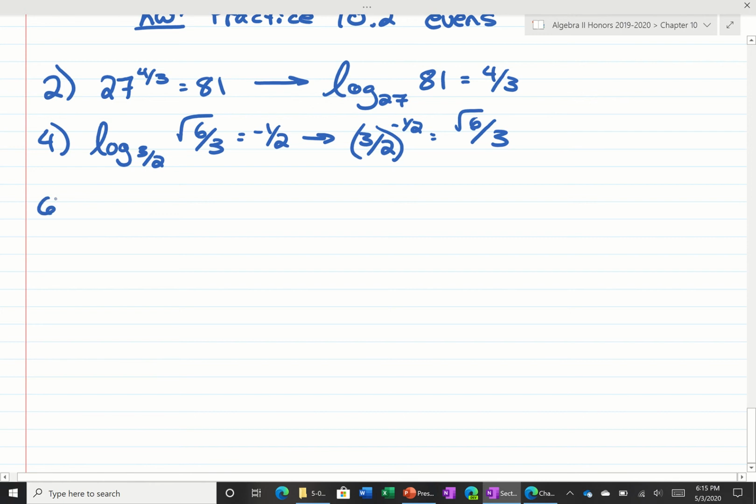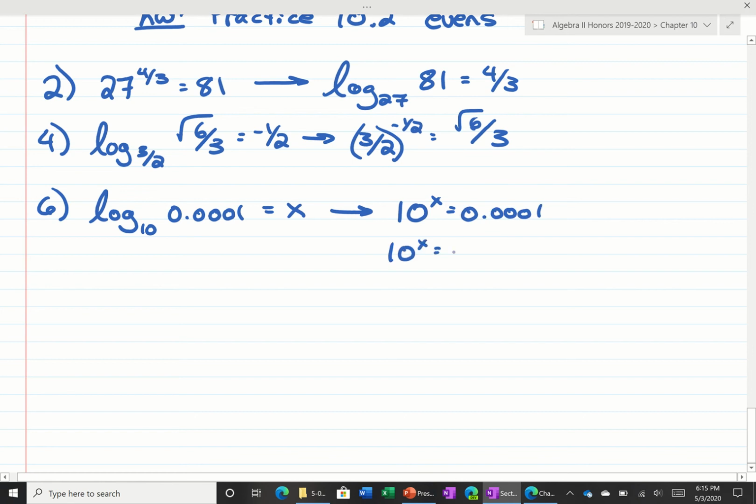For number 6, it's asking us to evaluate log base 10 of 0.0001. We don't know what that is, so from the notes I told you to put x. Using the translation property, 10 to the x is equal to 0.0001.